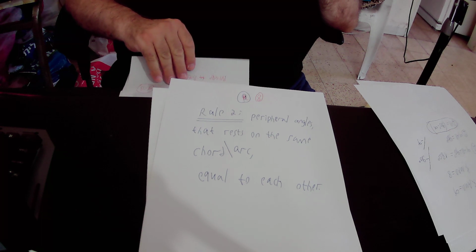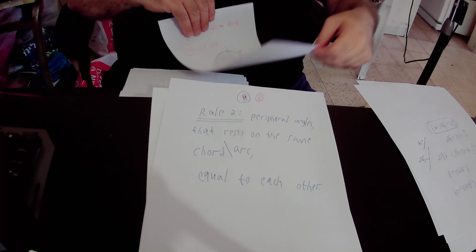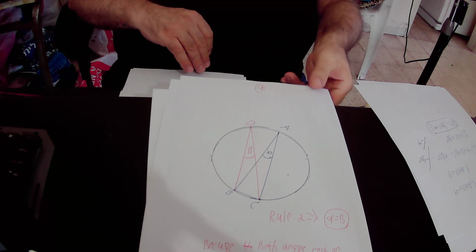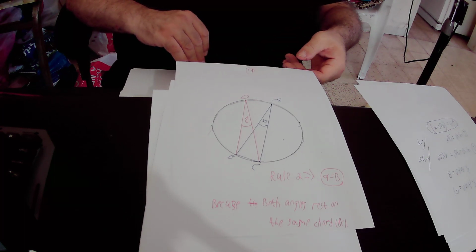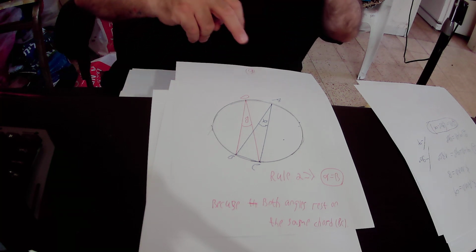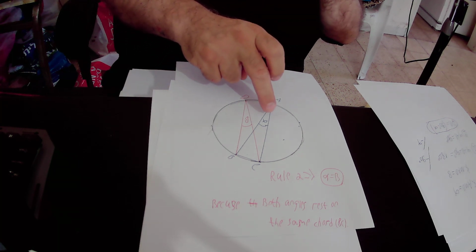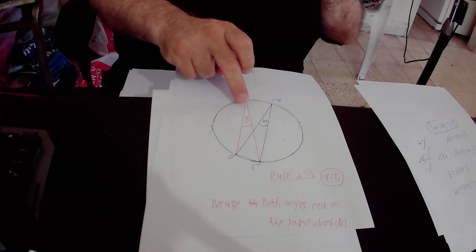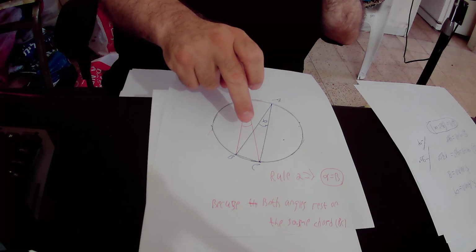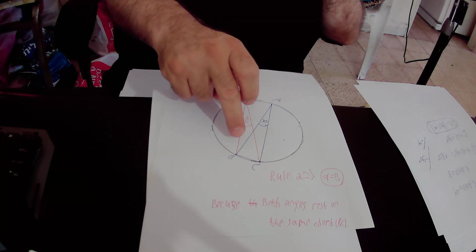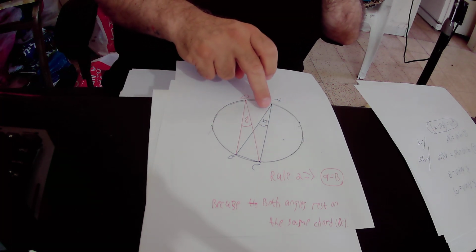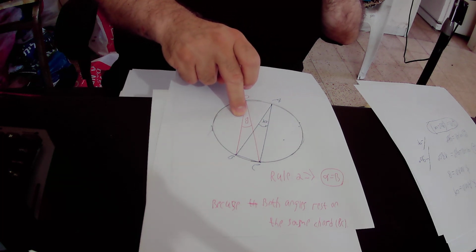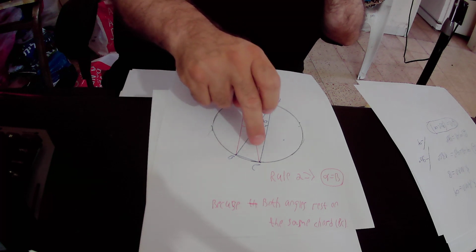So I will give you an example to clarify the meaning of rule number 2. We have here two peripheral angles, angle alpha and angle beta, and those two peripheral angles rest on the same chord, that is to say on chord BC. Angle alpha rests on chord BC and angle beta rests on the same chord BC.